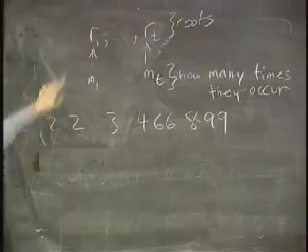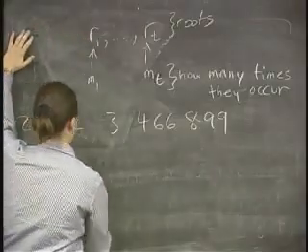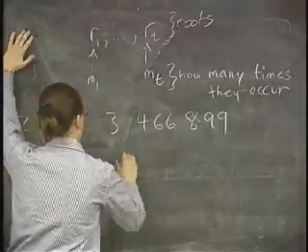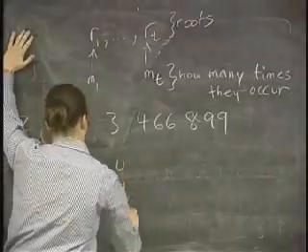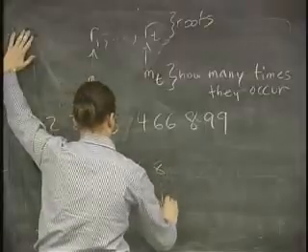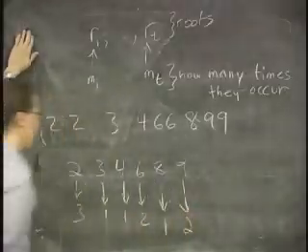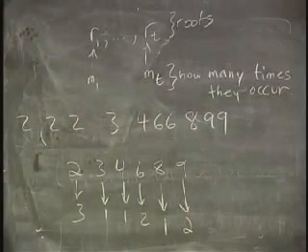I would write this as 2 with multiplicity 3, 3 with multiplicity 1, 4 with multiplicity 1, 6 with multiplicity 2, 8 with multiplicity 1. Writing down these arrows isn't really important, but you have to keep track of the multiplicities and the roots.